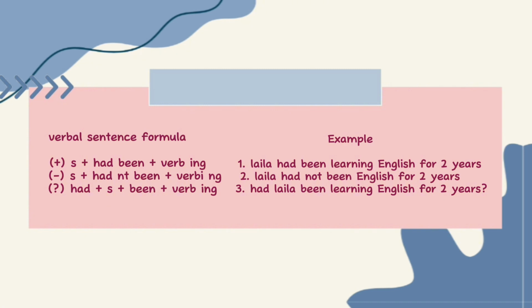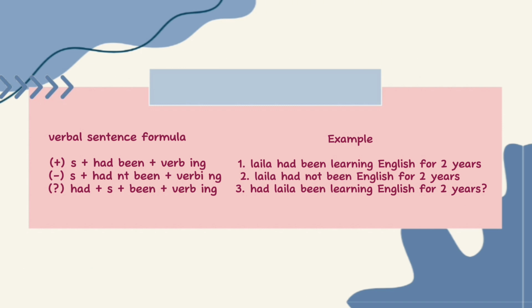Positive sentence. To make a positive sentence that starts an action, the formula is subject plus had been plus verb ing. For example, Laila had been learning English for 2 years.